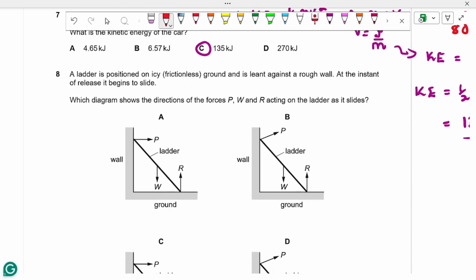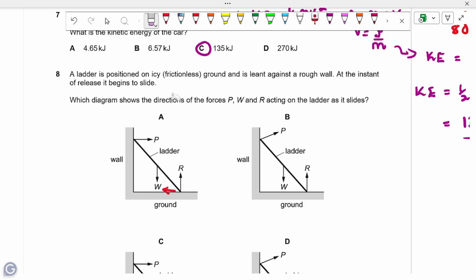So let's look at the ground. This ground is frictionless, right? And that's important because as the ladder moves, there isn't going to be a frictional force, because remember, the force of friction opposes the motion. So if it slides, the ladder is going to move here, right? Ideally I was supposed to have a frictional force in this direction, but I don't.